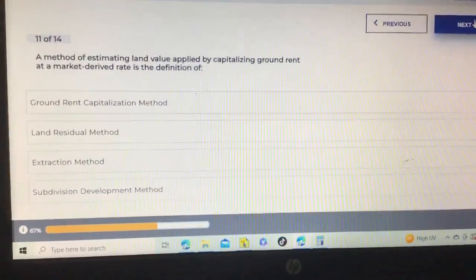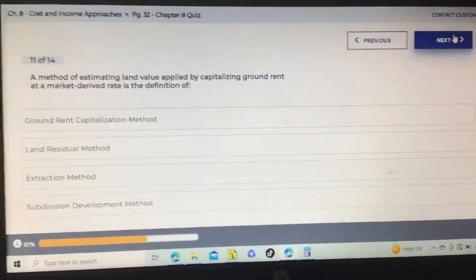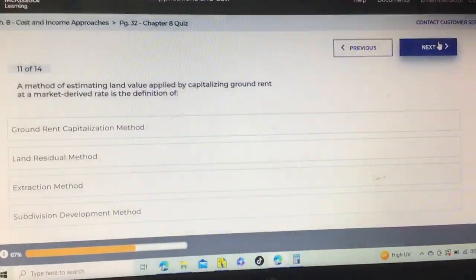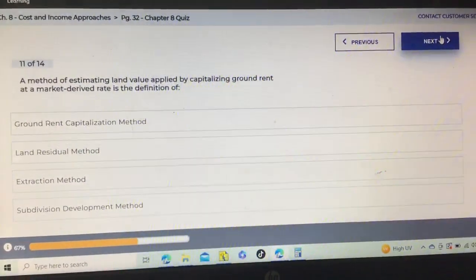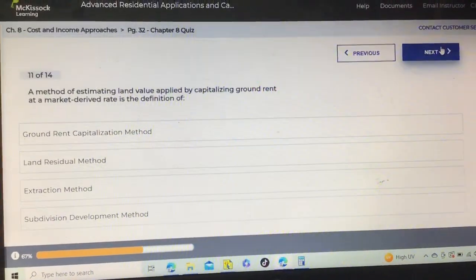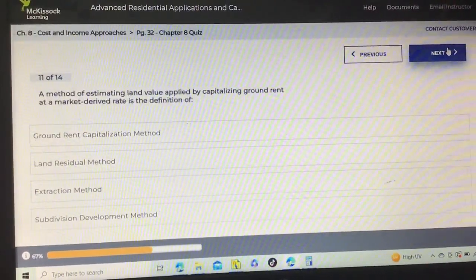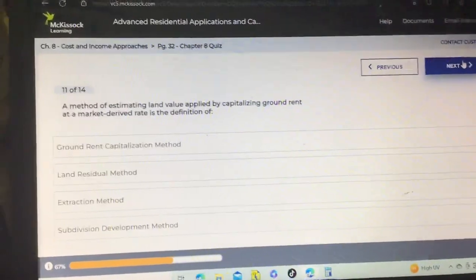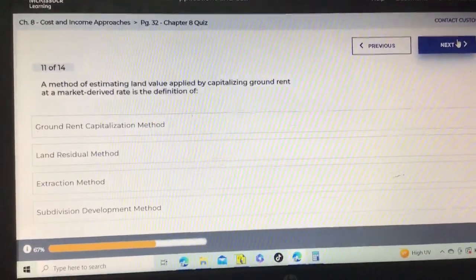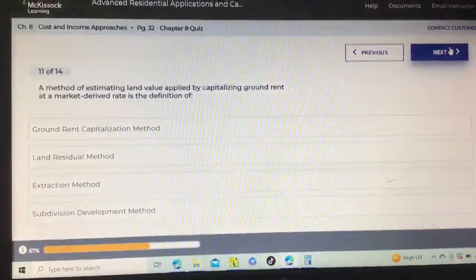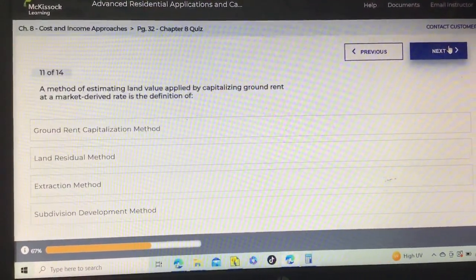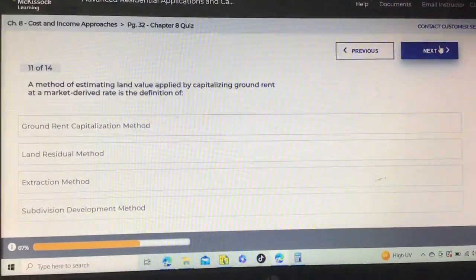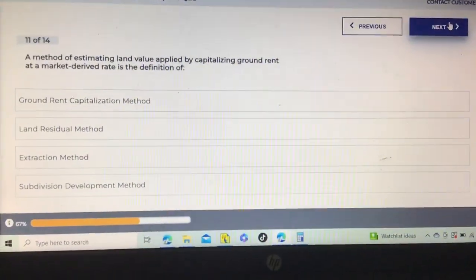Number 11. A method of estimating land value applied by capitalizing ground rent at a market-derived rate is the definition of A, ground rent capitalization method, B, land residual method, C, extraction method, or D, subdivision development method.